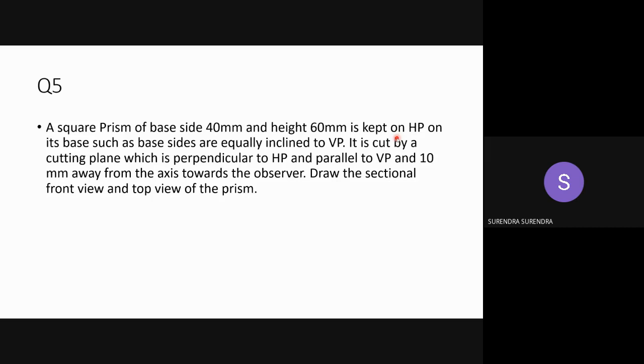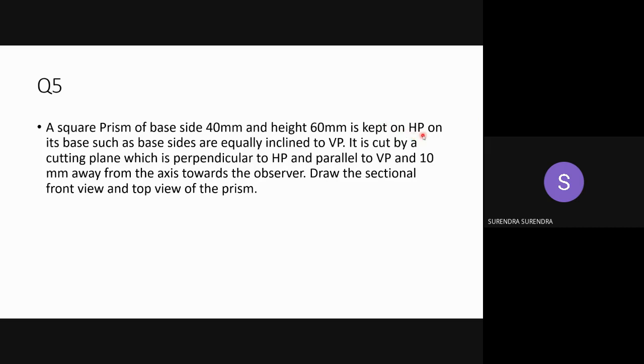Observe this: a square prism of base side 40 mm and height 60 mm is kept on HP on its base, such that base sides are equally inclined to VP.